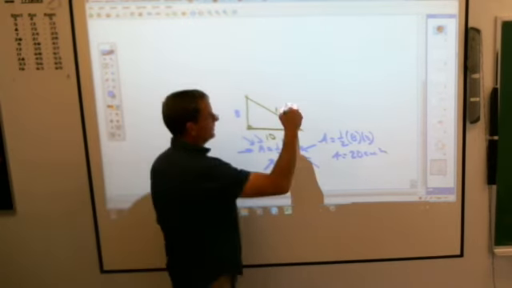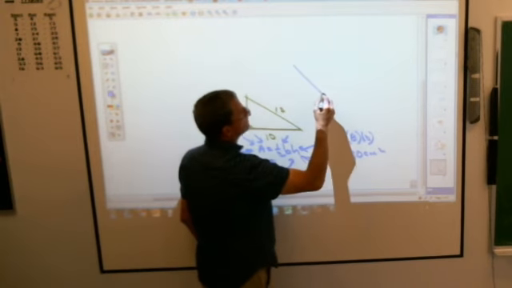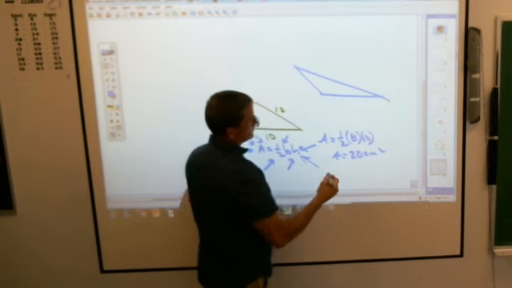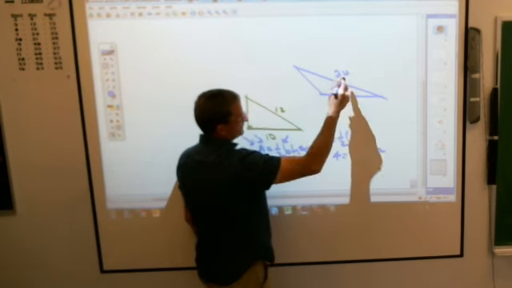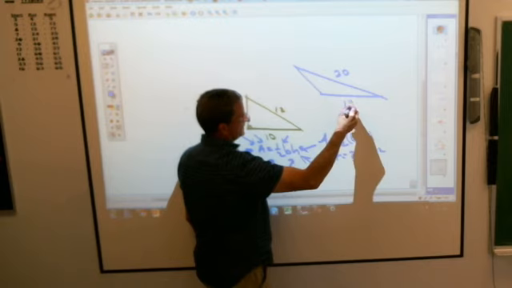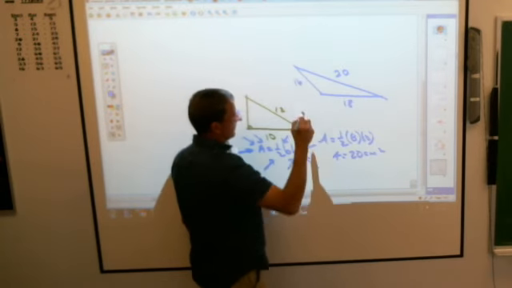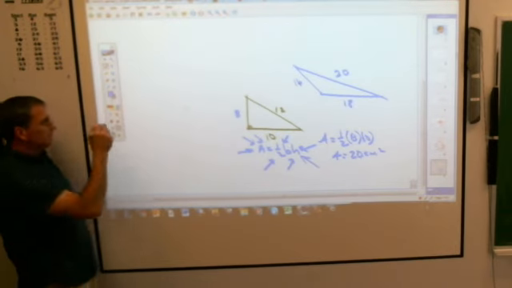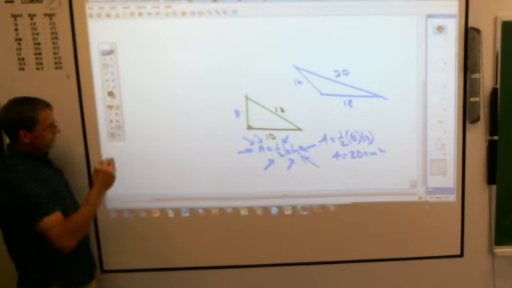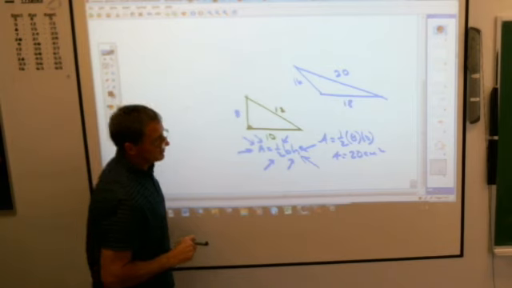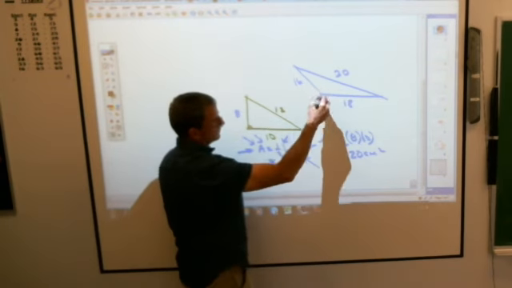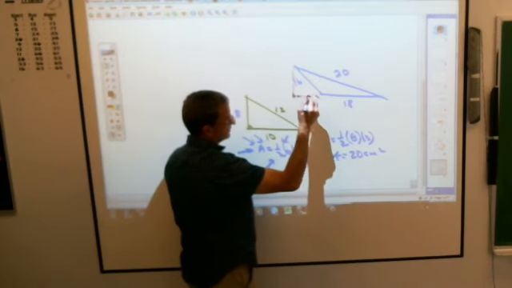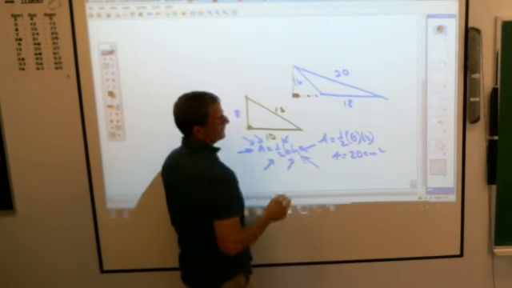Or quite possibly, if the triangle looks like this, and this is 20, and this is 18, and this is 16, what is my base and height there? Lacey Robbins, what's my base and my height? I don't know, because you don't see a square corner. And when they do this one, they will just extend this straight down, and they'll extend this across like this, and they'll put a nice little corner right there.